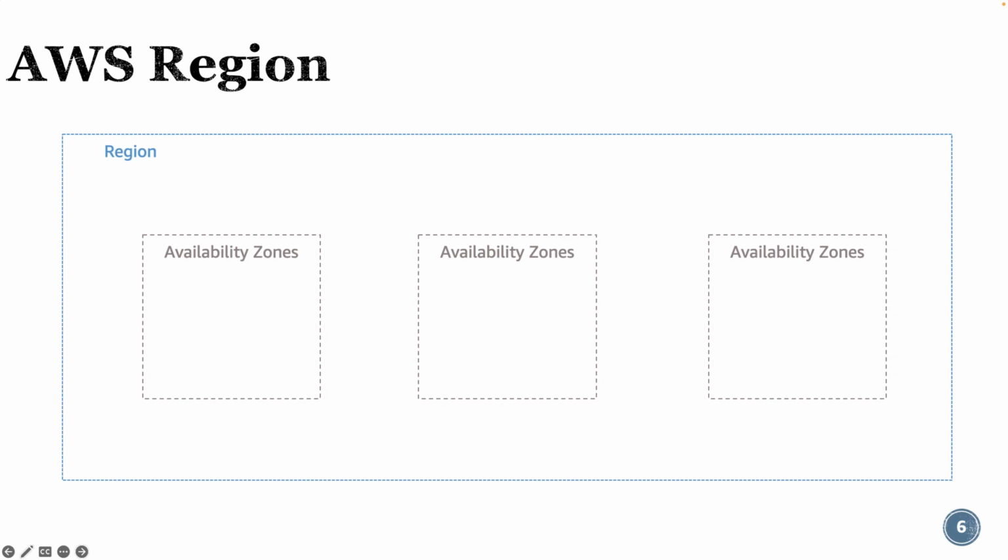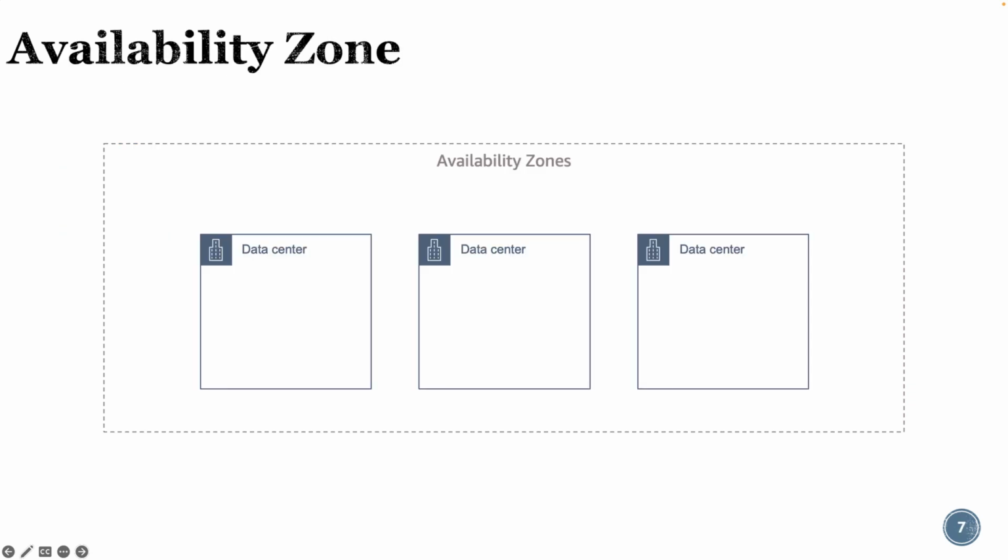So we can use different regions to design our infrastructure that can withstand global disasters because there is a separation between each region and each region is fault tolerant. AWS also has availability zones. And an availability zone is one or more data centers with redundant power, networking, and connectivity, housed in separate facilities.